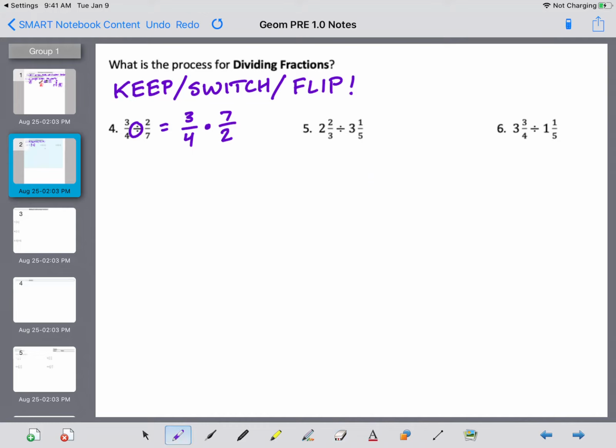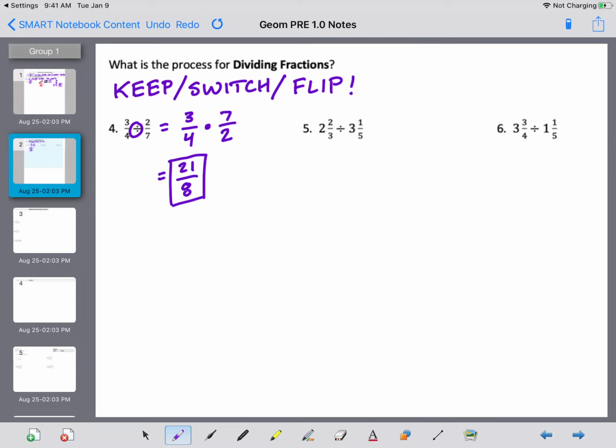This is the same as our original problem, but now we can use those steps that we used for multiplying. If we multiply straight across, 3 times 7 is 21, 4 times 2 is 8. That cannot be simplified, so 21 over 8 is our answer. Now, I'm not really picky. You can leave this as an improper fraction.